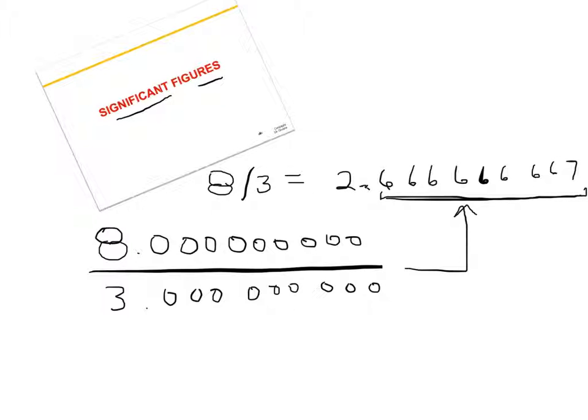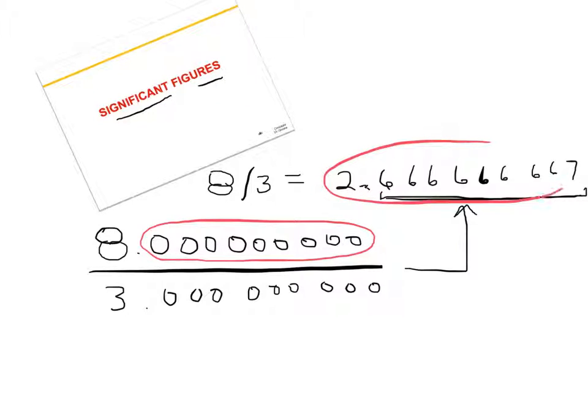But in physics or in chemistry, if we divide 8 by 3, we need to know what we really mean. Do we really mean that it has this many digits of accuracy, or did we simply take 8 things that were just maybe accurate to a tenth or to a hundredth? We need to understand how to show an answer, because this is the answer to this problem.